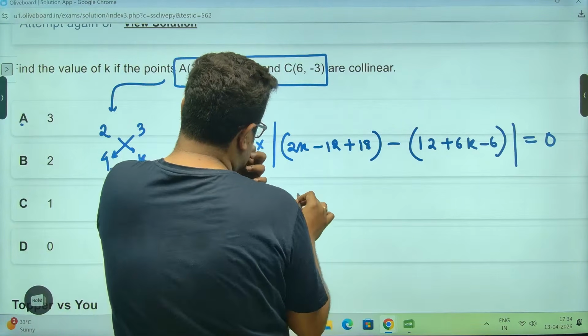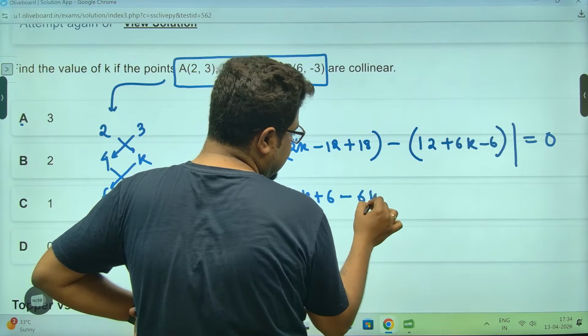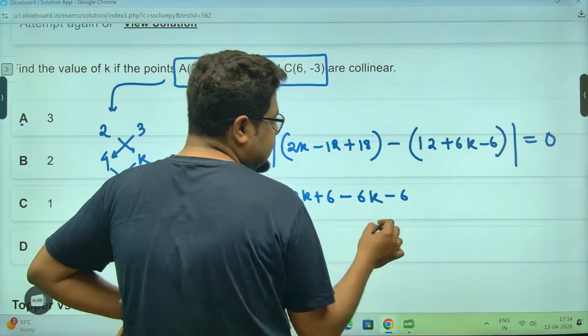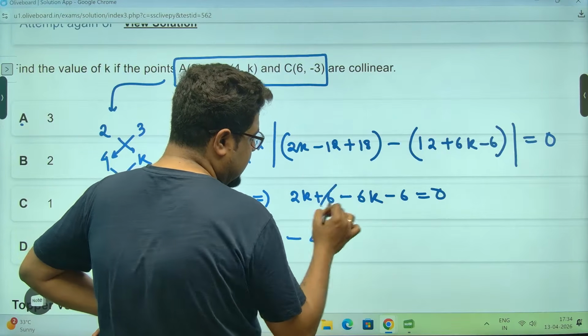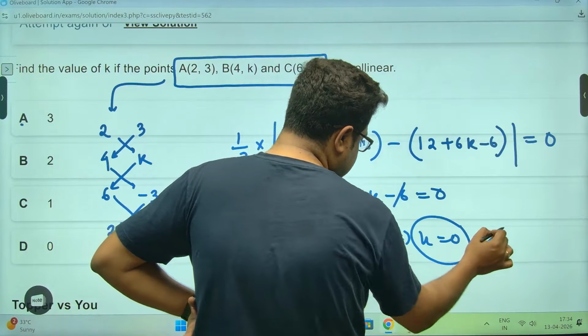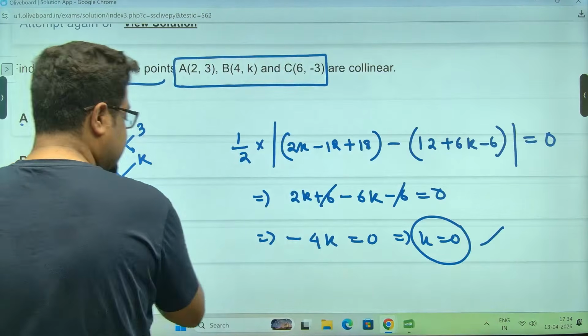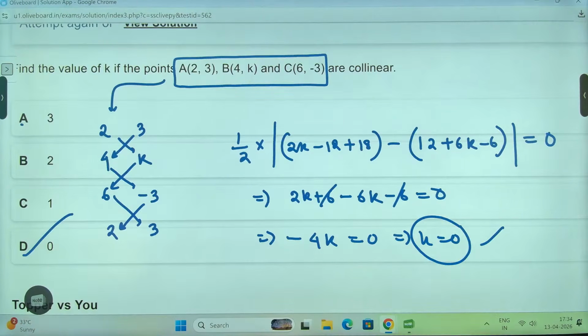Modulus we also don't need. 2k plus 6 minus 6k, and this plus 6 minus 6 is 0. So minus 4k is 0, so k must be equal to 0. Option D is the correct answer.